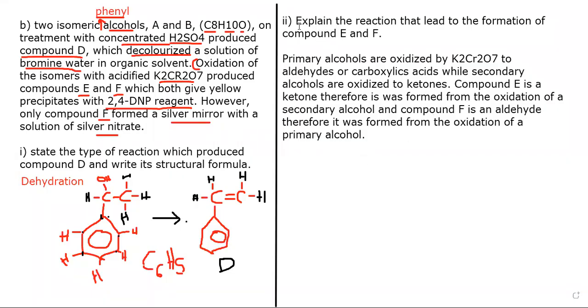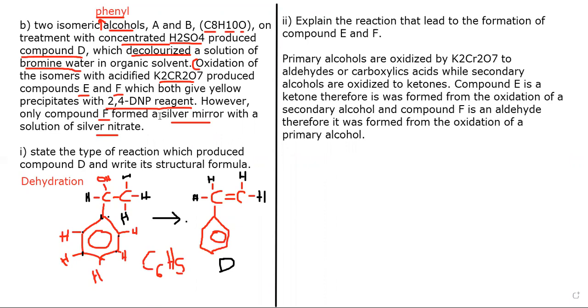All right, so part 2 of the question asks us to explain the reaction that led to the formation of E and F. Now remember we said E and F are an aldehyde and a ketone. Well, E is the ketone because it did not give a positive silver mirror test.